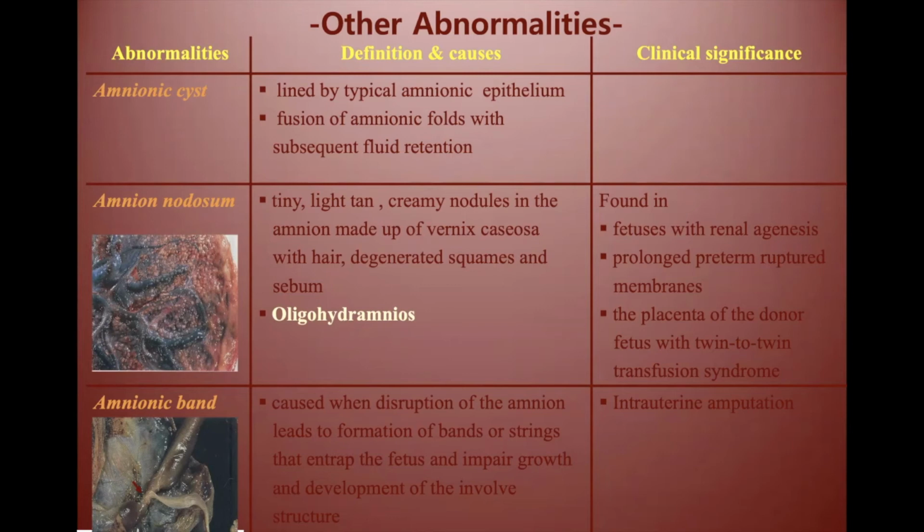True cysts are epithelium-lined remnants of the allantoic or vitelline ducts and tend to be located closer to the fetal insertion site. In contrast, the more common pseudocysts form from local degeneration of Wharton jelly and occur anywhere along the cord. Both have a similar sonographic appearance.